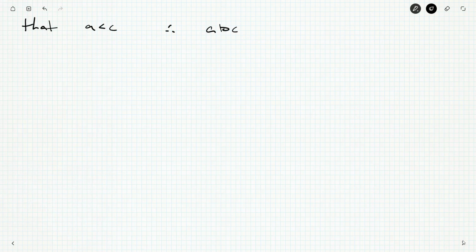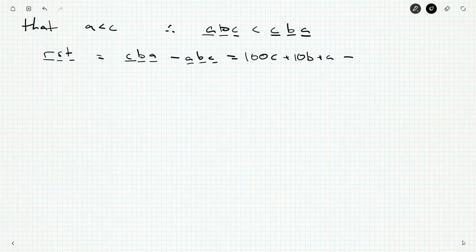Therefore, ABC, and we'll keep the underline notation, is less than CBA. So RST is going to be CBA minus ABC, but that's 100C plus 10B plus A minus (100A plus 10B plus C).